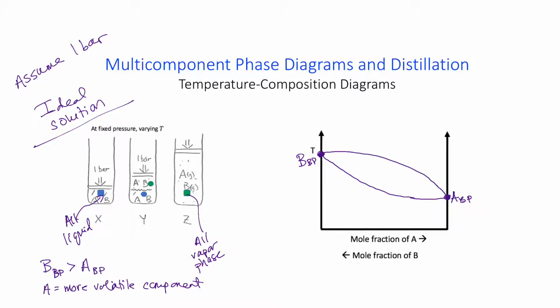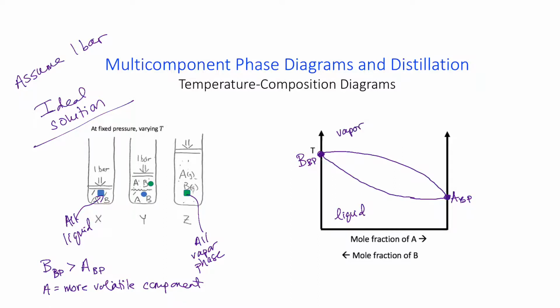Okay, so let's label the different parts of this temperature composition phase diagram so we can be clear about what each region represents. The way we've set this up, the liquid phase is in this lower region, and the upper phase will be our vapor.